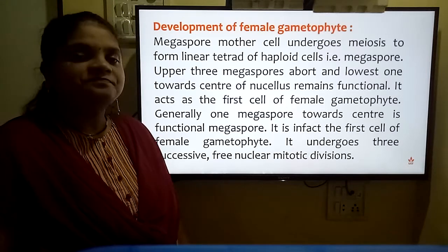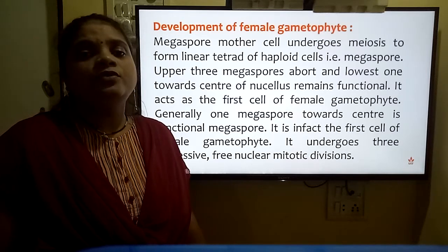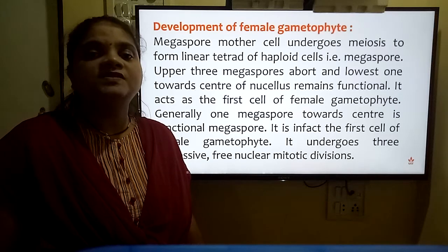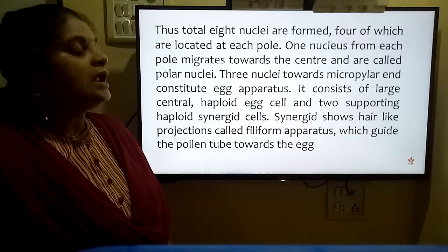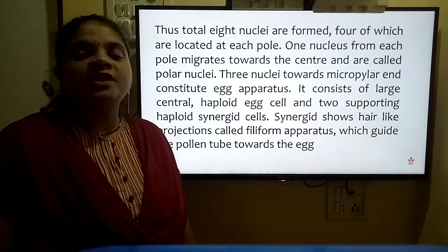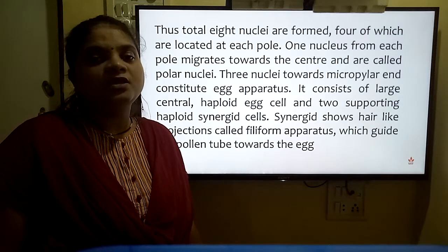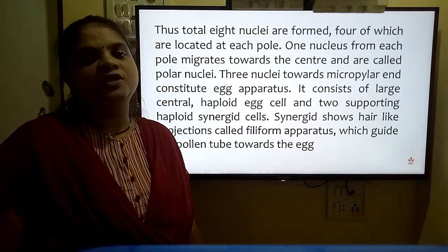So the 3 nuclei get converted into 3 cells at the micropylar end. Now at the chalazal end, the group of 3 cells is called the antipodal cells.